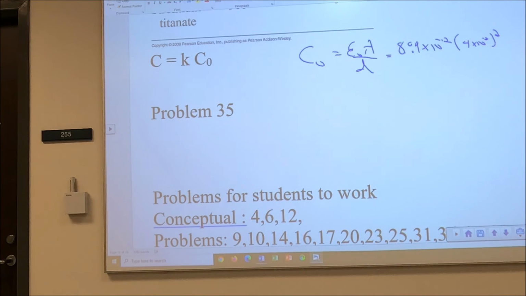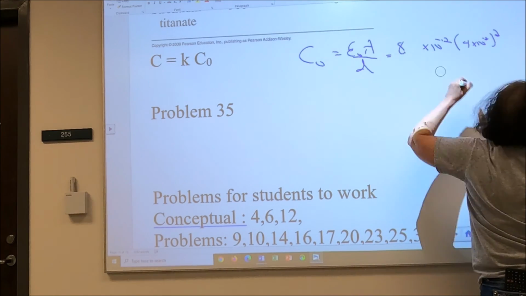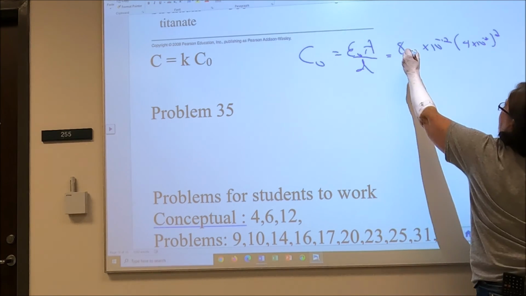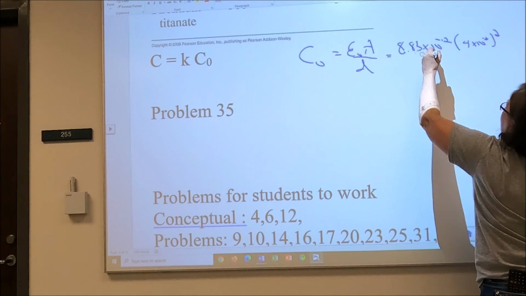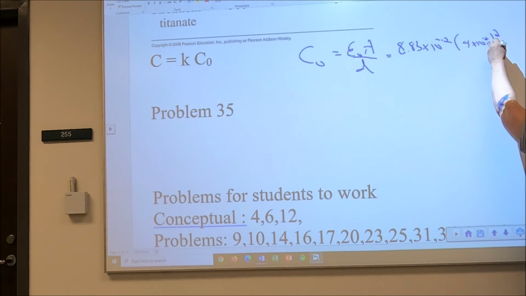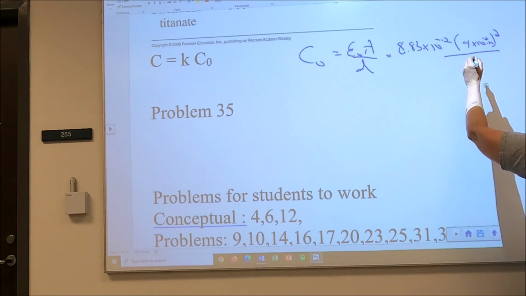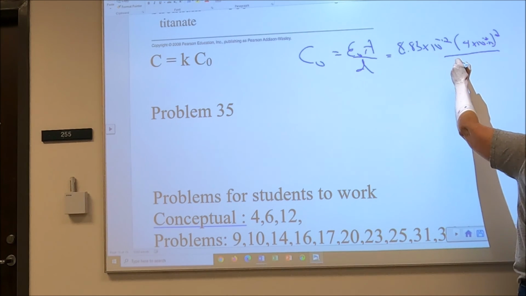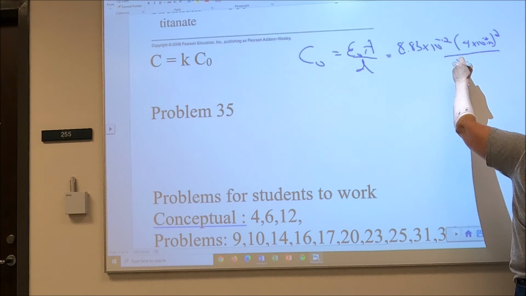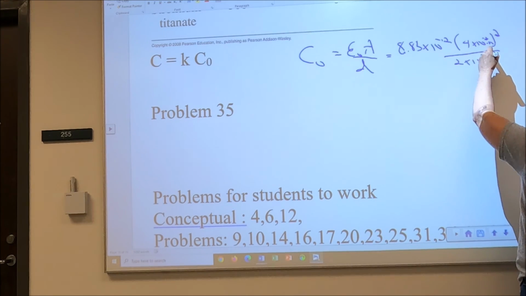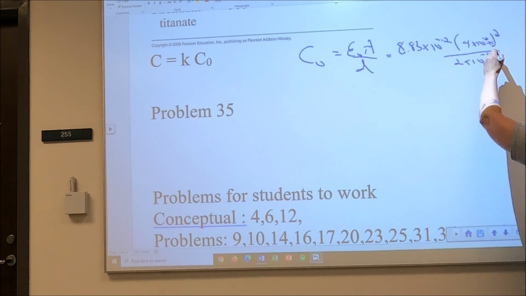I thought that looked wrong. Let me erase here real quick. So 8.85 times 10 to the minus 12. There's the area, and the separation is 0.2 millimeters. So that's 2 times 10 to the minus 4 meters.